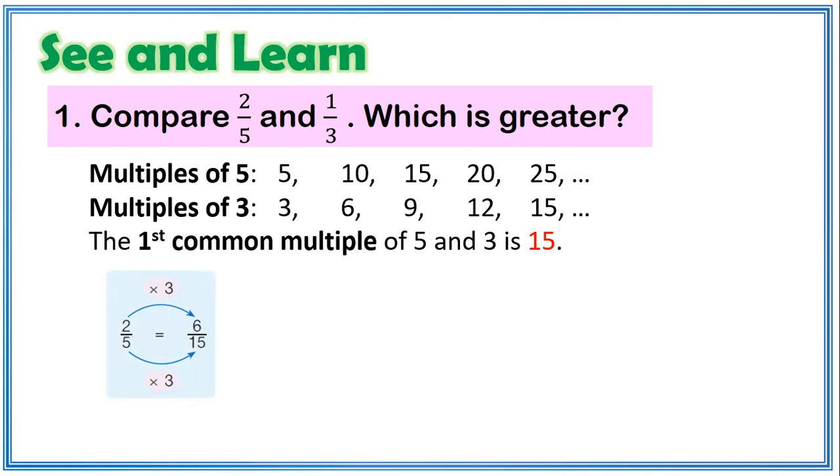And the answer will be 6 out of 15. 2 times 3 is 6. 5 times 3 is 15. So 2 out of 5 is equal to 6 out of 15.